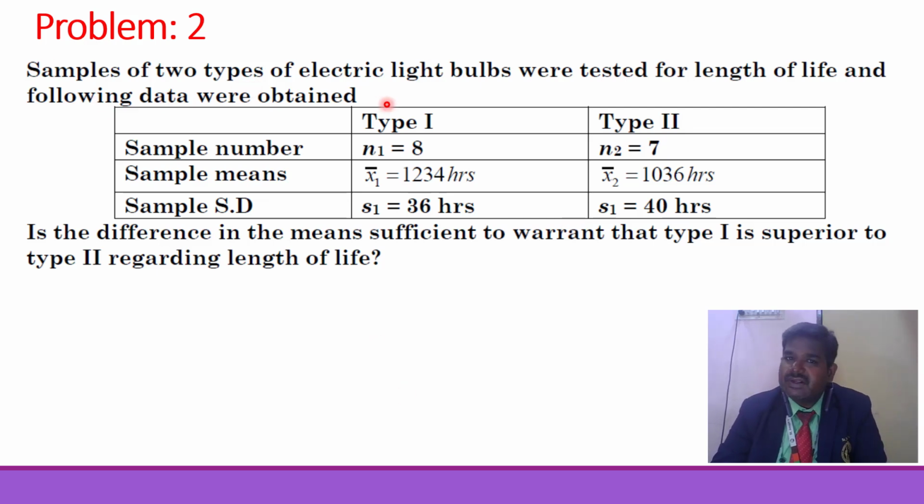Samples of two types of electric light bulbs were tested for length of life and the following data were obtained. So we have two types of electric light bulbs.